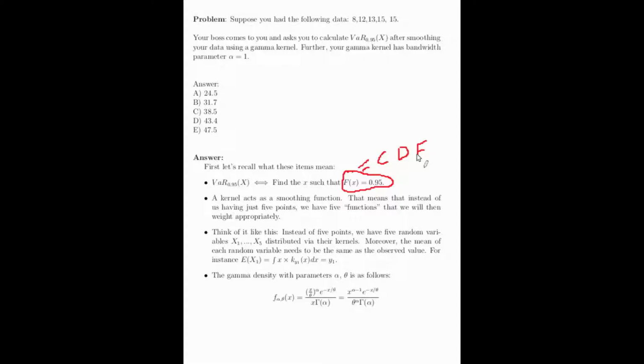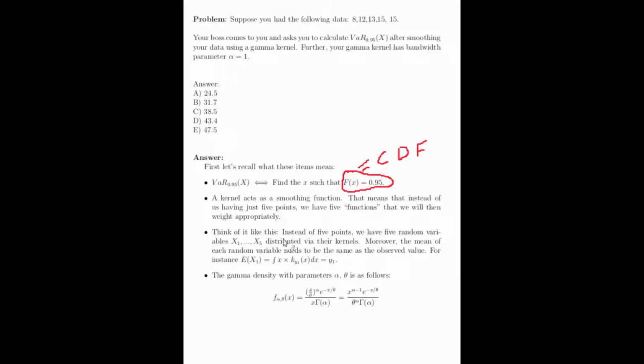Moreover, each of these kernels is going to have the gamma parametrization, but they're all going to be slightly different. Specifically, the mean of each kernel is going to be equal to the observation. For instance, for the first value, 8, we would expect the mean of the first kernel to also be 8.